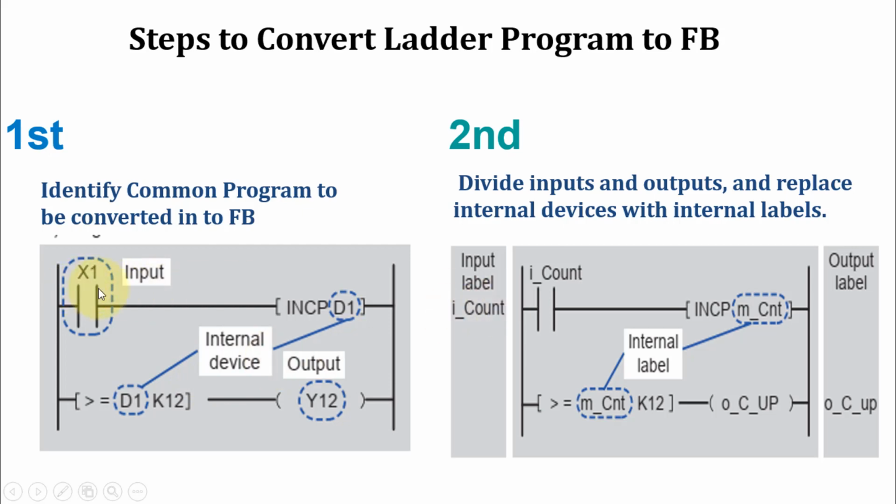Here x1 is the input device, and it is replaced by the input variable or input label, that is I underscore count. Similarly, y12 is our output, so we'll replace it with the output label, that is o underscore c underscore up. And d1 is replaced by the internal label, that is m underscore count. Thus we have completed the second step.